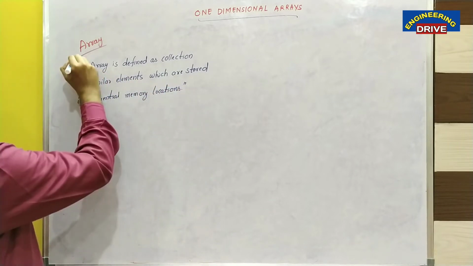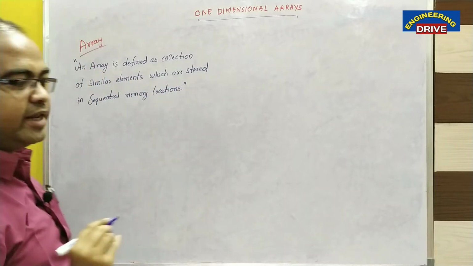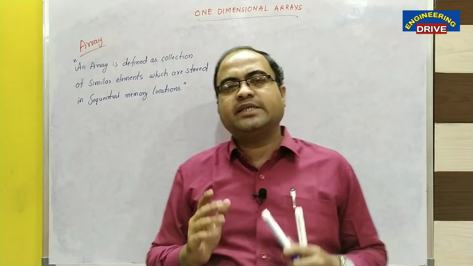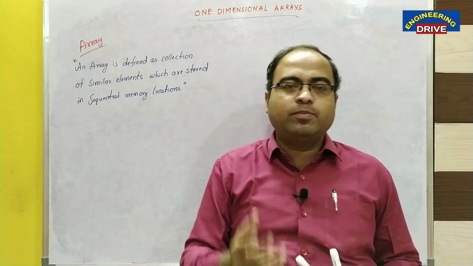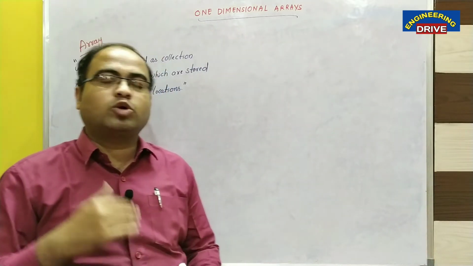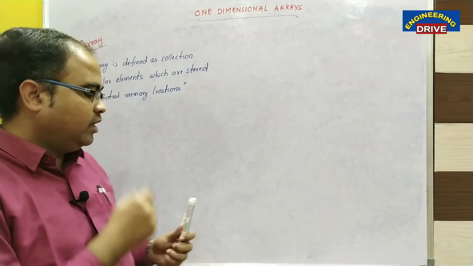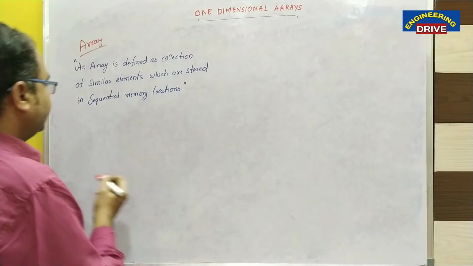So this is the definition of an array we can give. In a variable we can store only one value, whereas in an array we can store multiple values of similar type. Sir, how is it possible in an array that we can store multiple values of similar type? Let us see with the help of one syntax now.